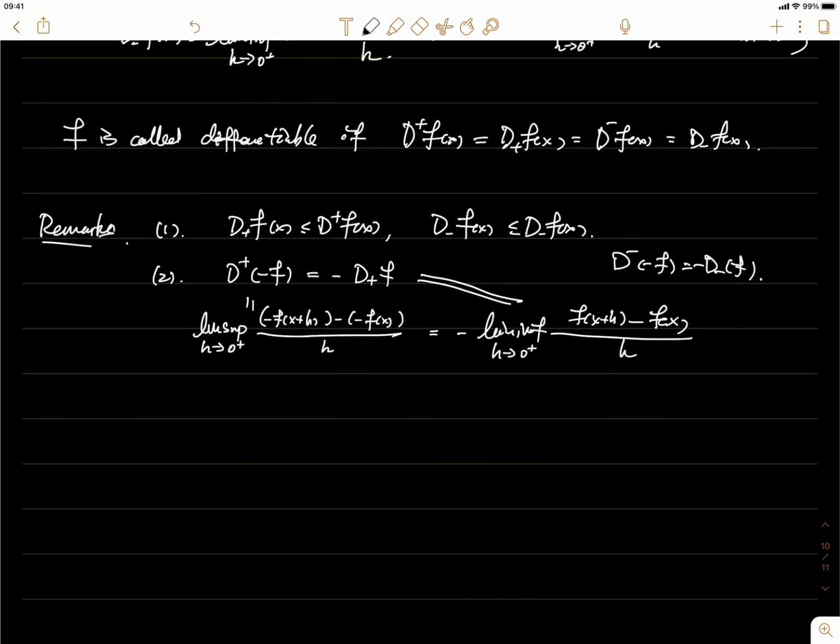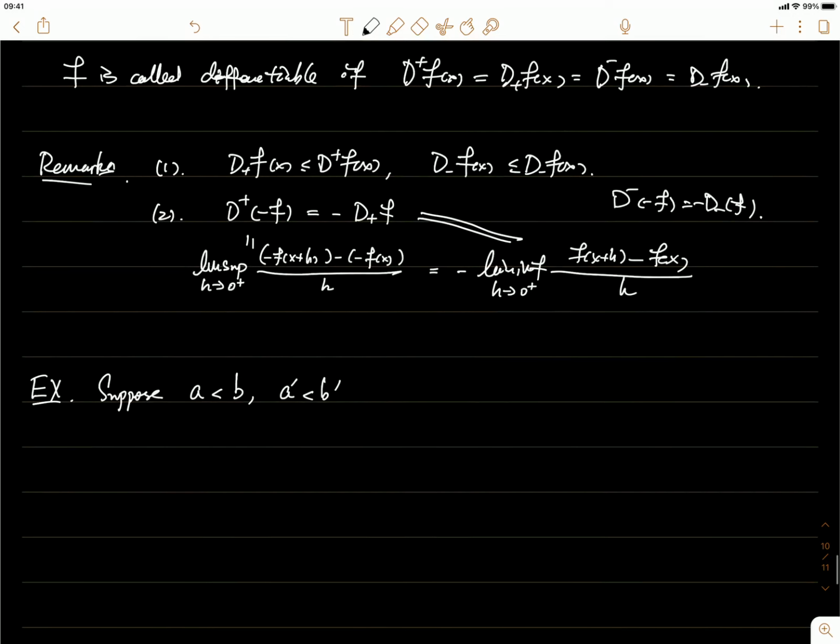Okay, so let's look at an example. Suppose we have four numbers: a is less than b, a prime is less than b prime, and let's define the function f of x in three cases.